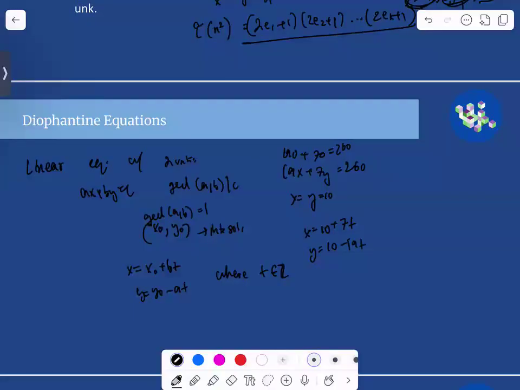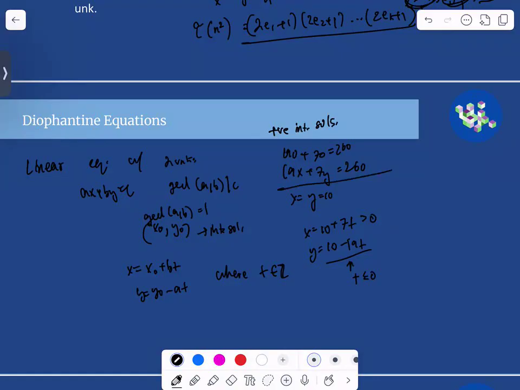And then you can see that if t is greater than or equal to 1, basically this is negative. So you want t to be less than or equal to 0 from here, and then you want 10 plus 7t to be positive as well, because we're trying to find positive integer solutions to the equation 19x plus 7y is equal to 260.